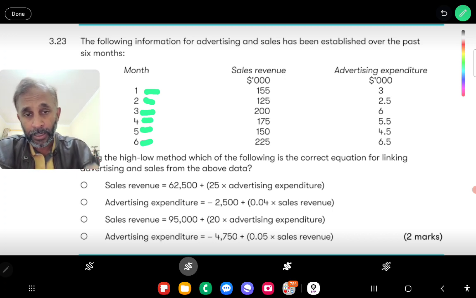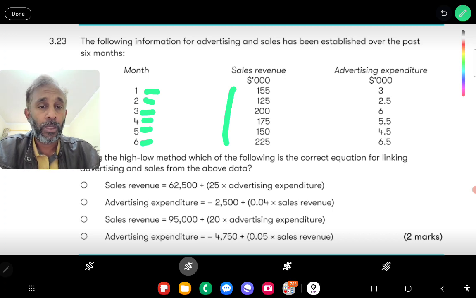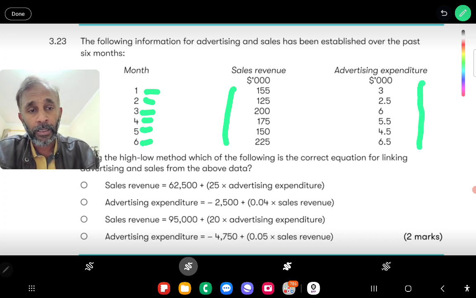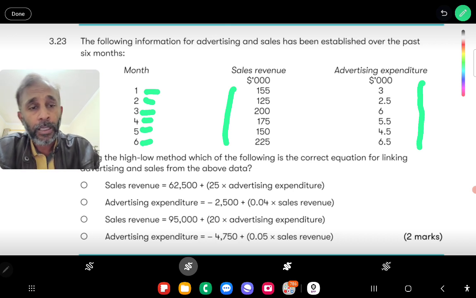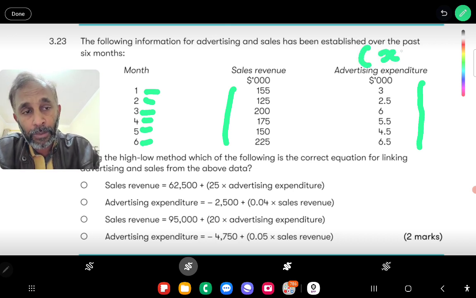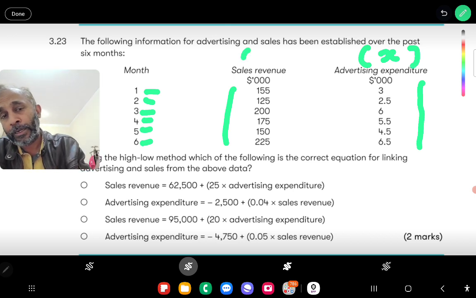So here they have given you the sales revenue, and then the advertising expenditure. So the sales will vary based on the advertising expenditure. So this is the independent variable. The independent variable we classify as X, and the dependent variable we classify as Y.